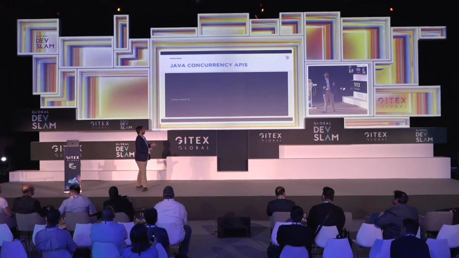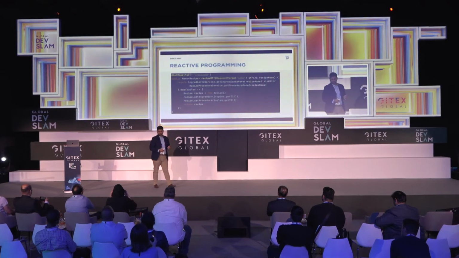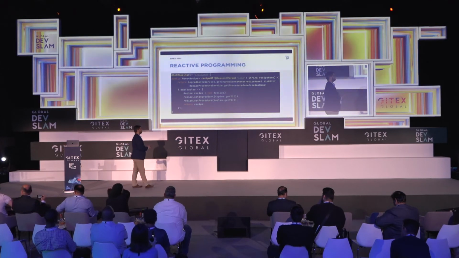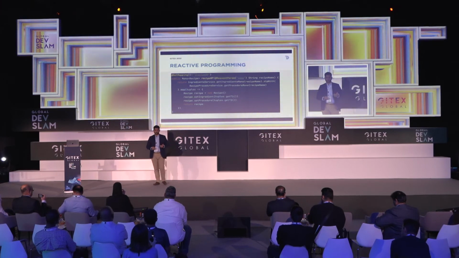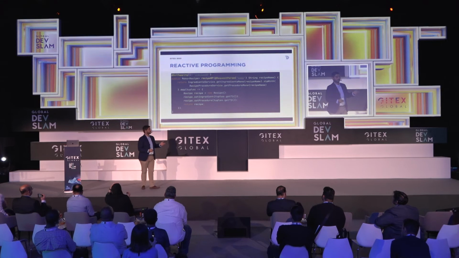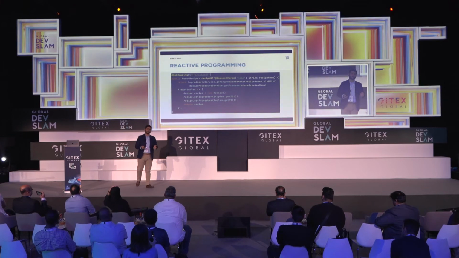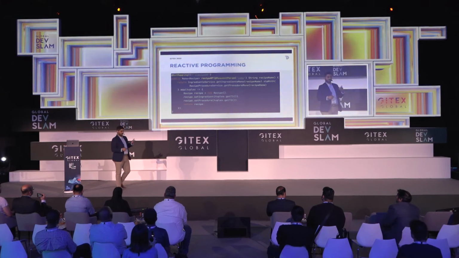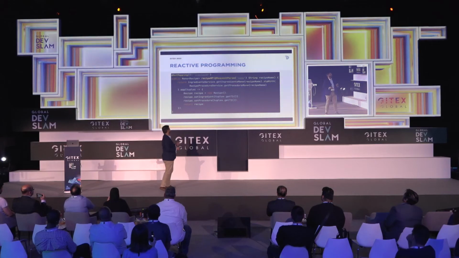Now I'll demonstrate how you can achieve the same thing in reactive programming. So this is how you achieve the same parallel calls in reactive programming. It's okay if it doesn't sound familiar to you. But the first thing you'll notice is the return type, which has changed to Mono instead of the concrete Recipe object. Mono is a paradigm that executes and emits only one piece of data in future.